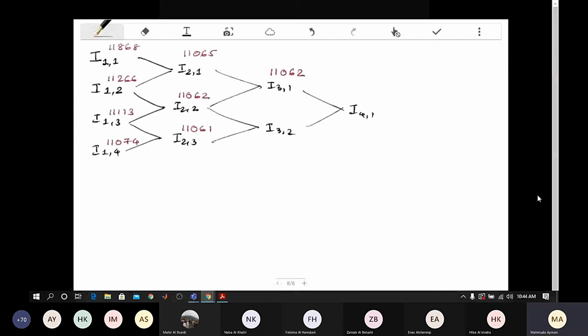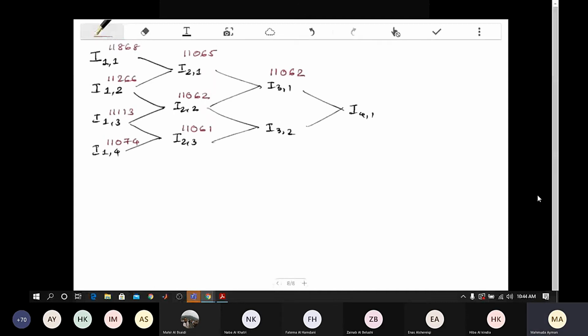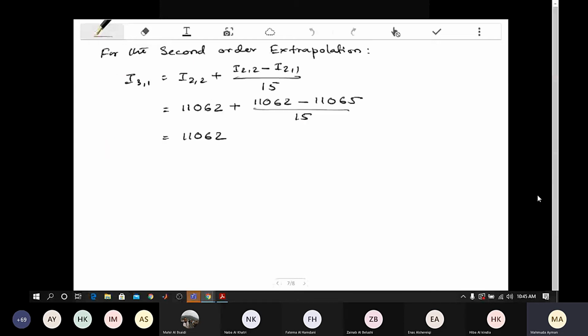For I3,2, we have 11061. Okay, correct. Great. In the meantime, calculate the value for I4,1 while I'm writing it for you here so that when you have the notes, you know what is done.